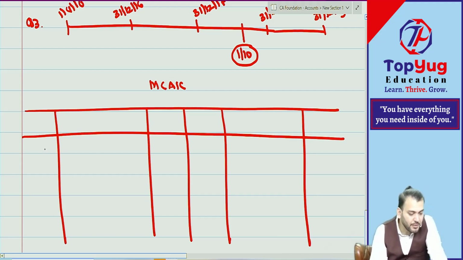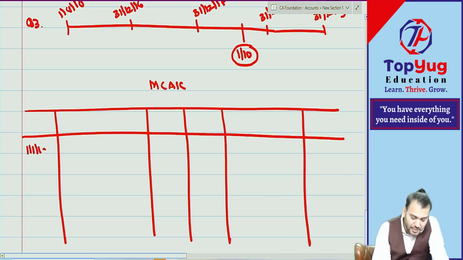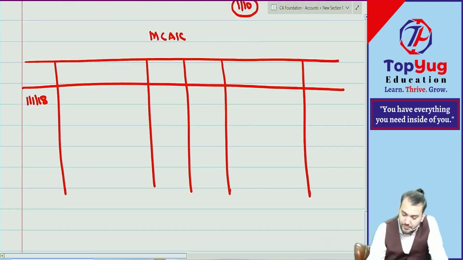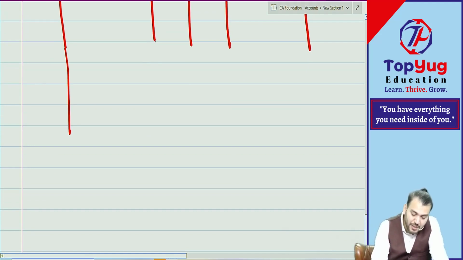Correct? So they have asked only account for the 2 years ending. So they have asked, means we need to find out balance. So can I say we need to find out first balance as on 1/1/2018. Correct? Because they have asked for 2 years, so we need to prepare 2 years only.